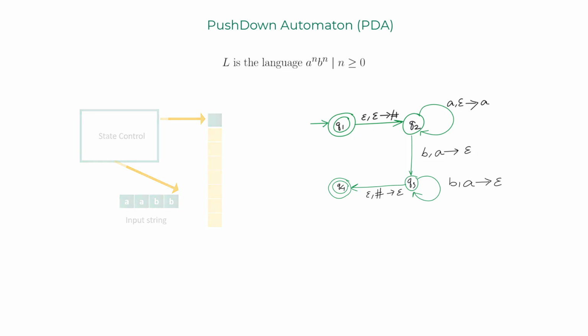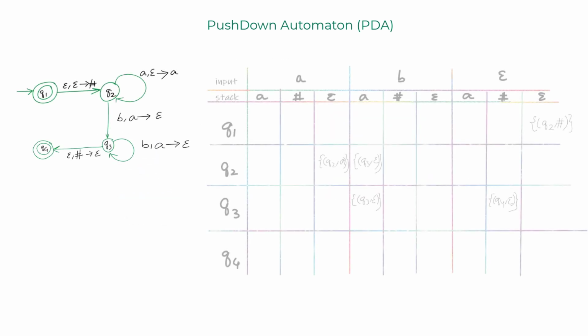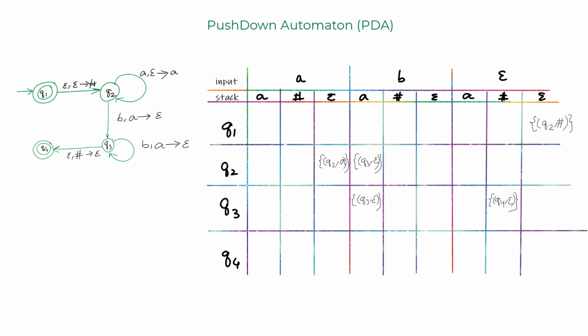This state transition diagram can be visualized as a transition table as well. The transition table has the states as rows and the input character and the corresponding stack character as the columns. So Q1 with input epsilon and stack character epsilon goes to Q2, hash.